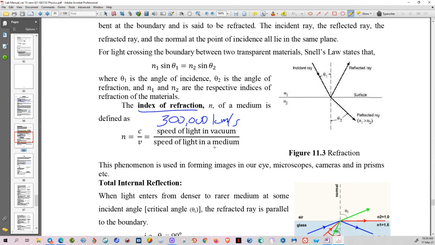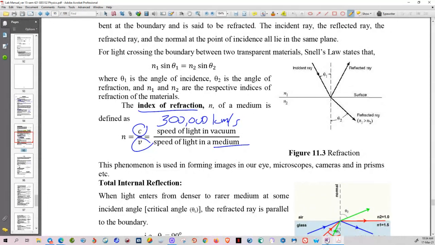So the speed of light in that material will not be equal to c, because c is 300,000 kilometers per second. It's actually 290 something. So inside the material, the speed of light will change. It will slow down, and because of this change in speed, the direction of the light will change.